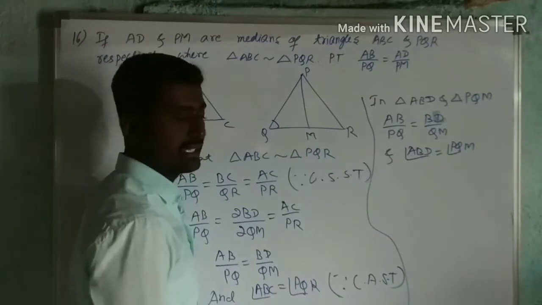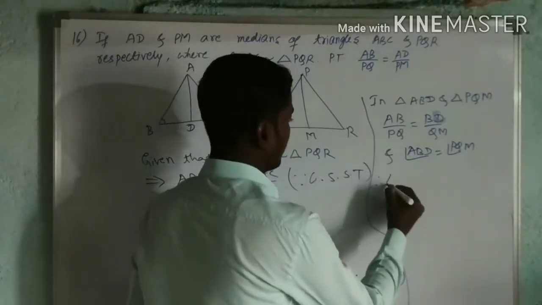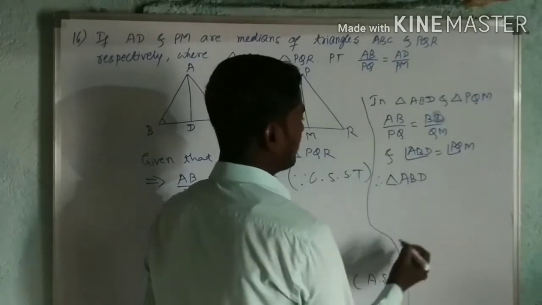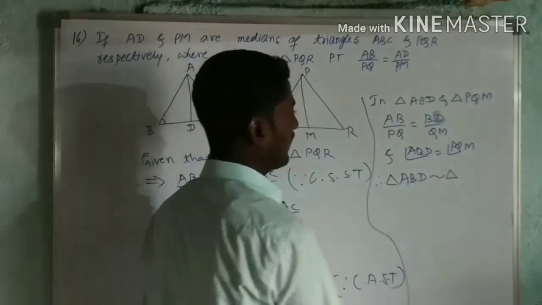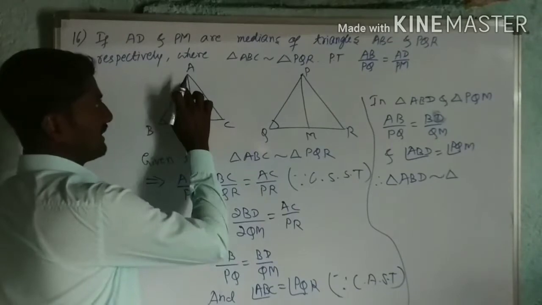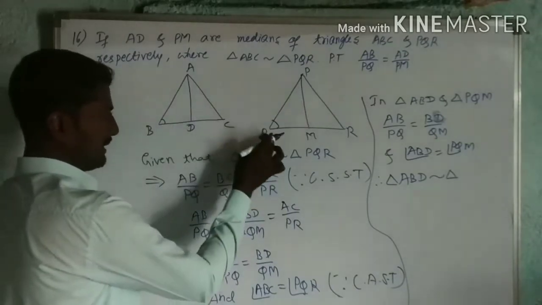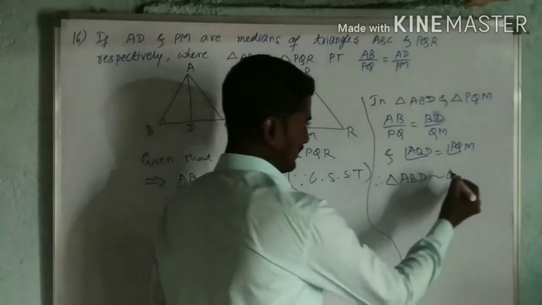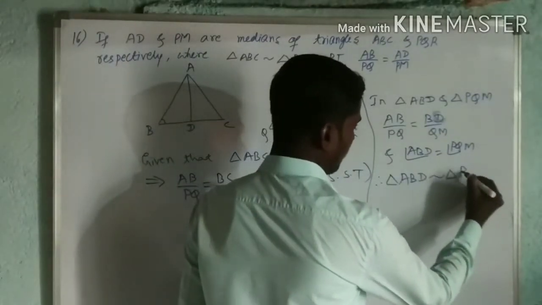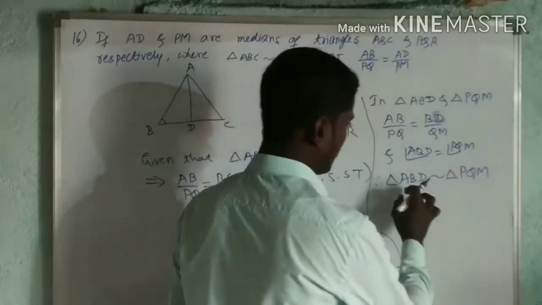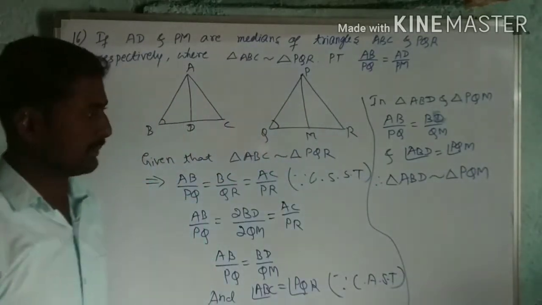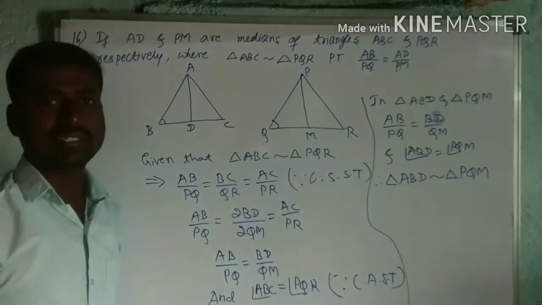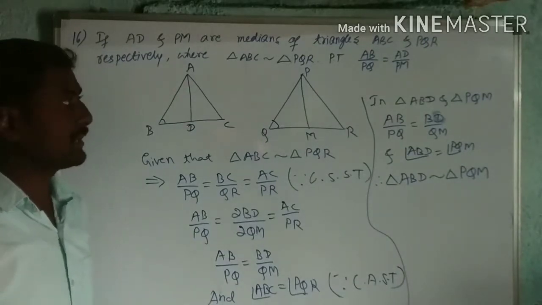By the SAS similarity criterion, triangle ABD is similar to triangle PQM. For A, that is P; for B, it is Q; for D, it is M. These two triangles are similar. Now, if two triangles are similar, then their corresponding sides are in the same ratio.